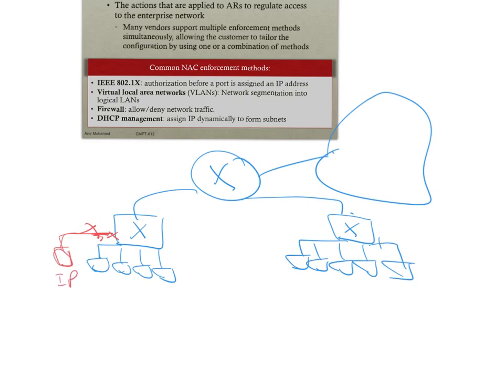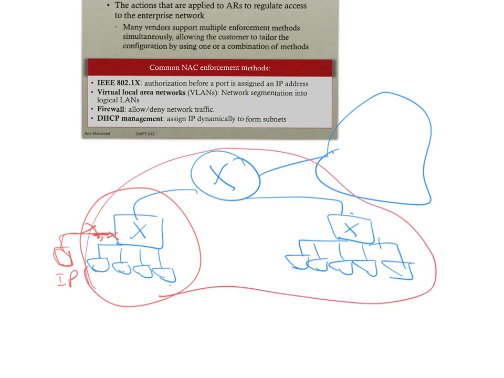After it gets an IP, the policy server will give it a certain level of access. This certain level of access could be for one physical LAN, okay, or a logical part of the network. By logical here we mean using IP addresses or certain subnets, right? Or a virtual LAN. A virtual LAN is a logical grouping of certain physical ports from different parts to form a LAN, but in that case it's called a virtual LAN.